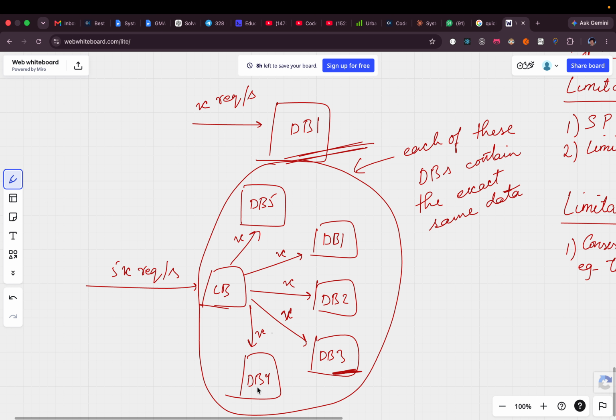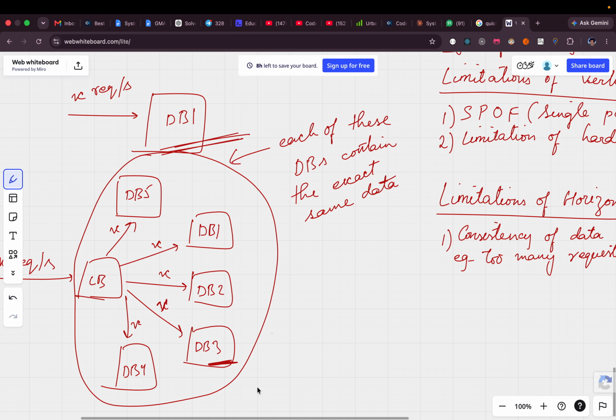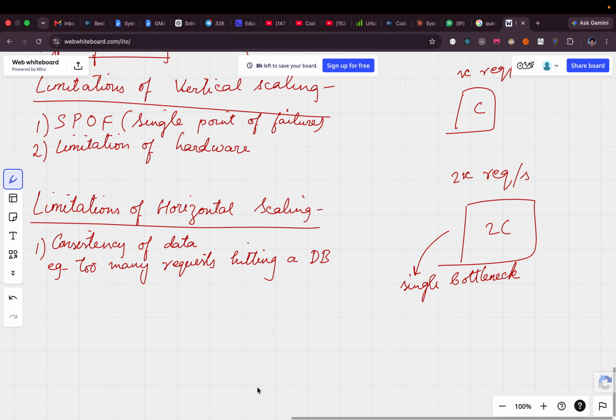And before the propagation of the data update happens in all the databases, if another database gets a request for that data, then that database will be serving old data, not the new updated data. And that is called inconsistent serving of data. Got it? So that is the problem with horizontal scaling.